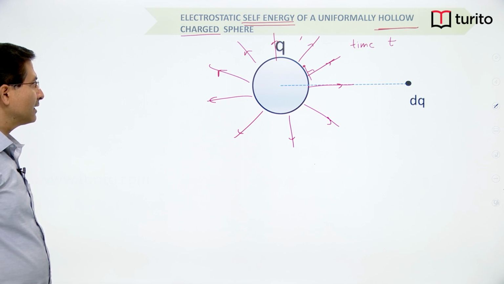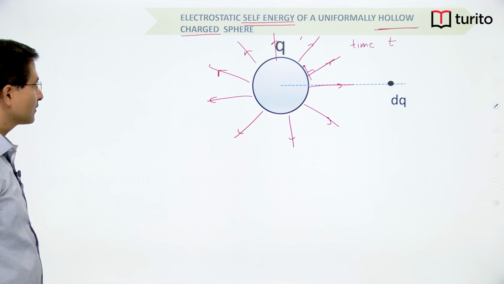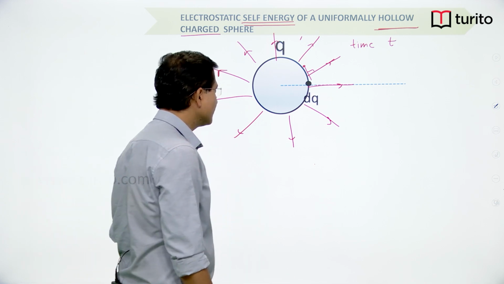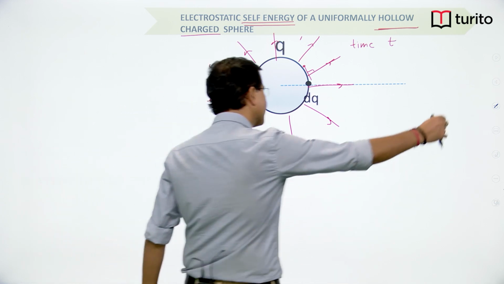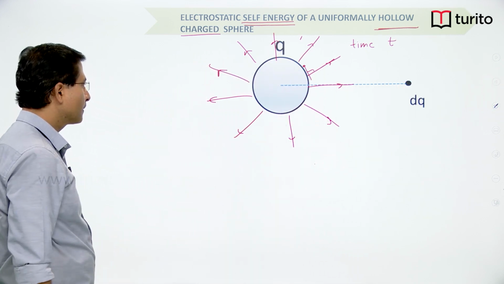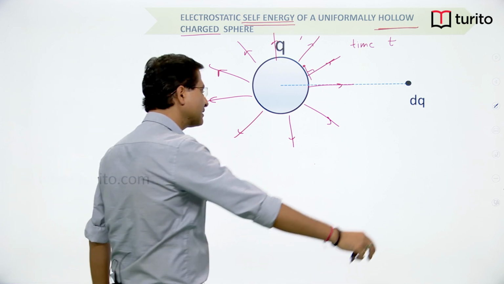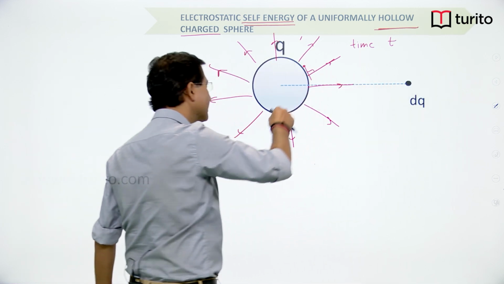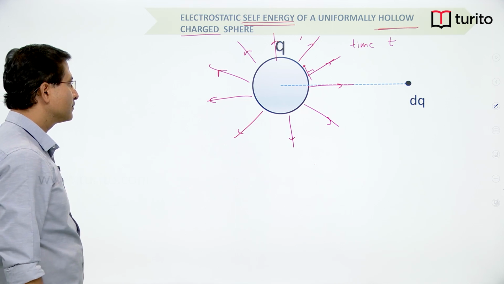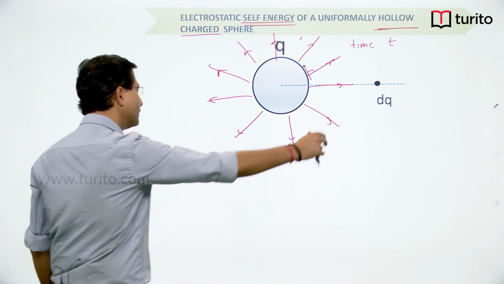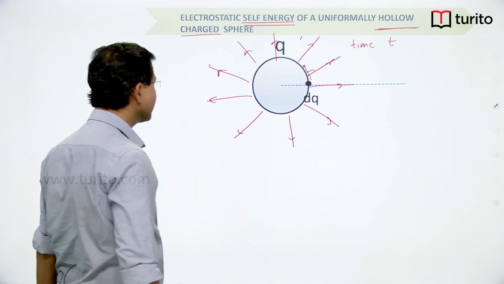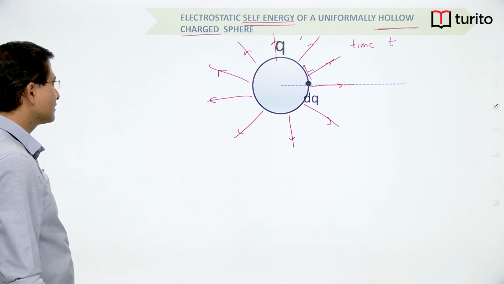So what we can write, see, what we are doing is getting charge from infinity and bringing it to the surface, right, and then we are distributing the charge.